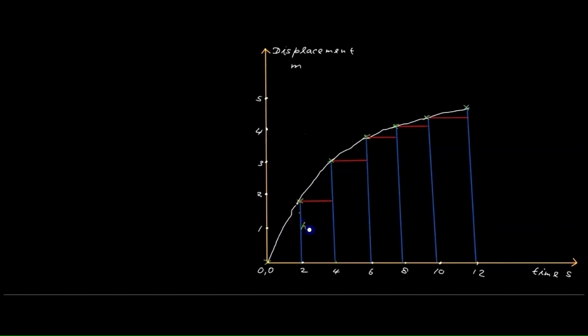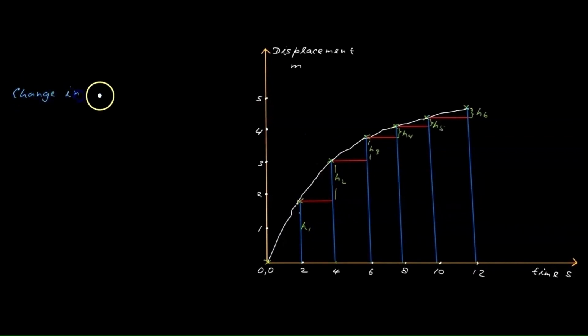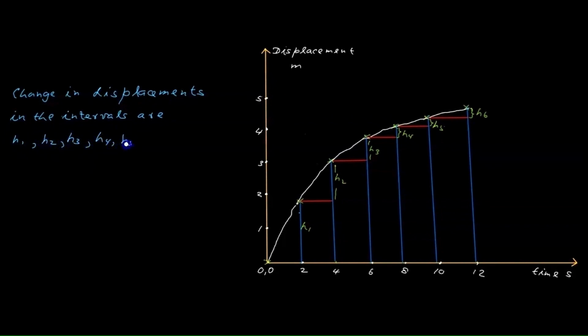That is to measure the change in displacement at each time as shown. Then the changes in displacement are h1, h2, h3, h4, h5, and h6.